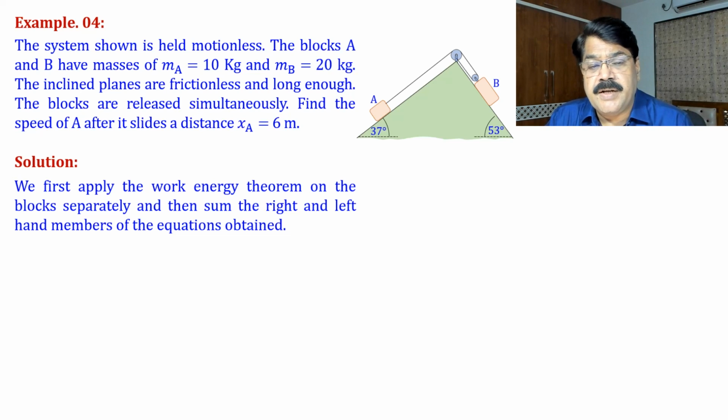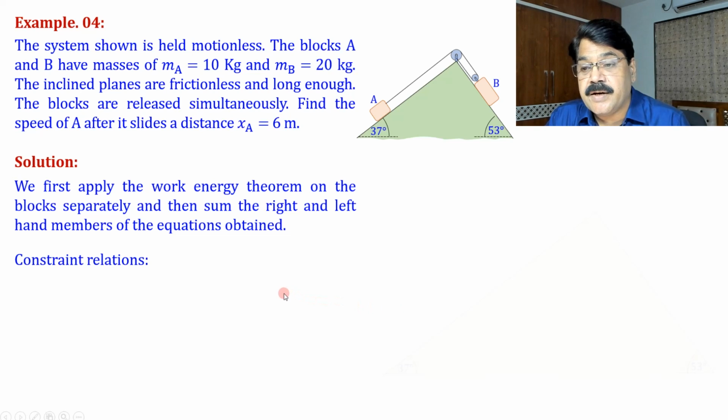Next, the constraint relation. To write the initial and final kinetic energies, we must know the relation between their velocities, and if A slides 6 meters, how much B slides. All these are known as constraint relations.